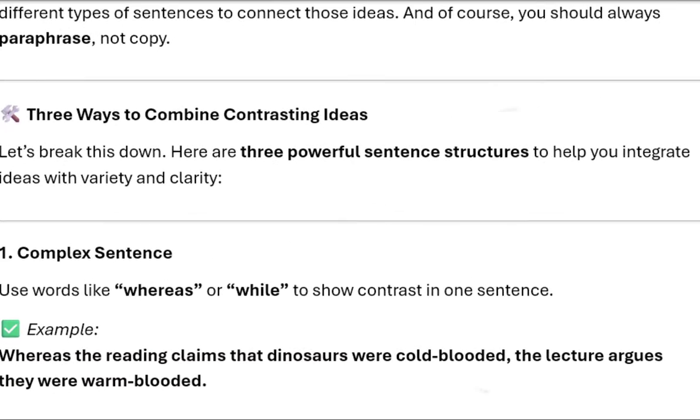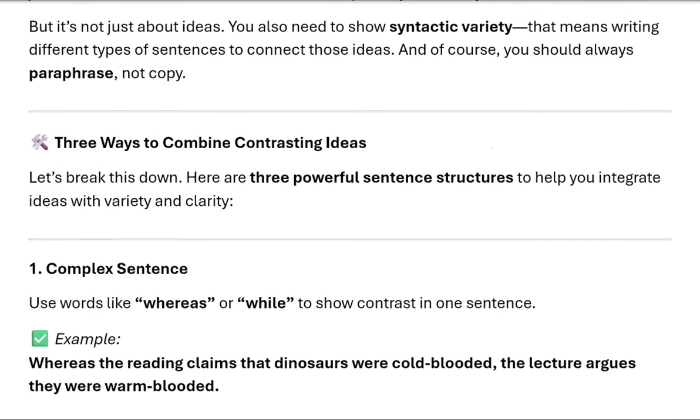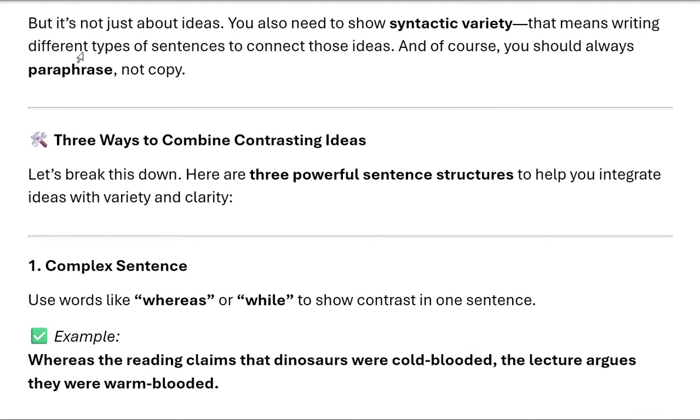Now, there are three ways that you can combine sentences. So let's break it down. Number one, you have a complex sentence. Use words like whereas and while to show contrast in one single sentence. Whereas the reading claims that dinosaurs were cold-blooded, the lecture argues they were warm-blooded.